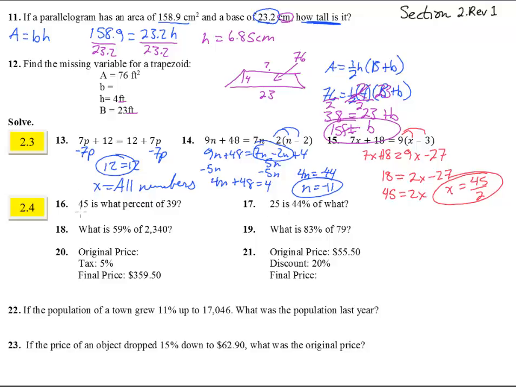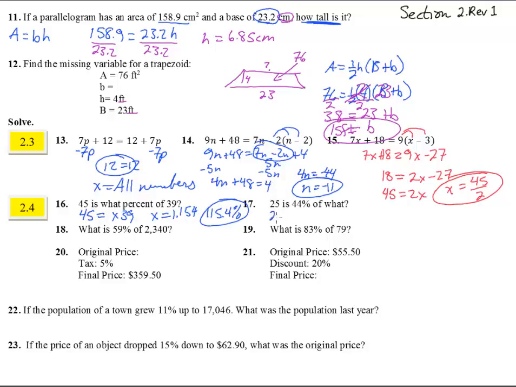Number 16. 45 is what percent of 39? Divide both sides by 39 and we get x equals 45 divided by 39, 1.154. If we move it 2 decimal places, that's 115.4%, depending on where you wanted to round.